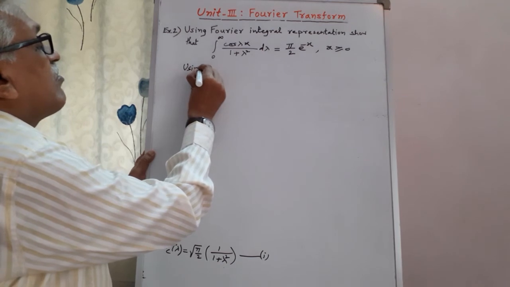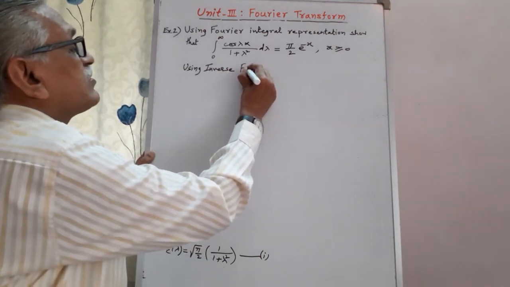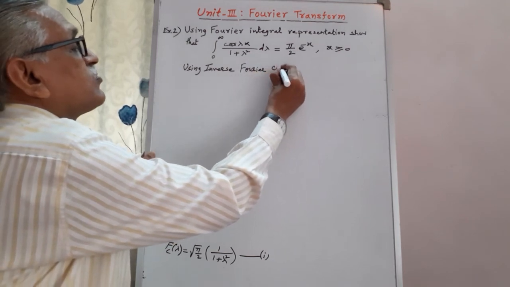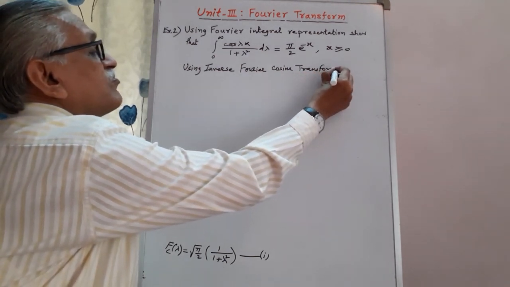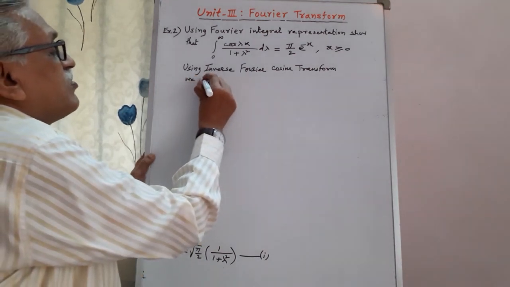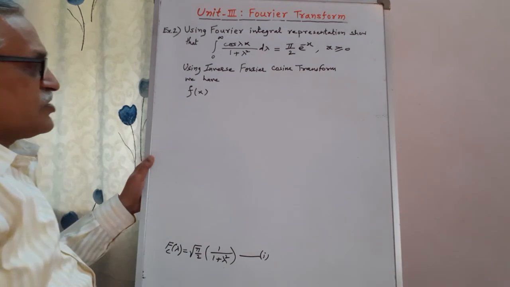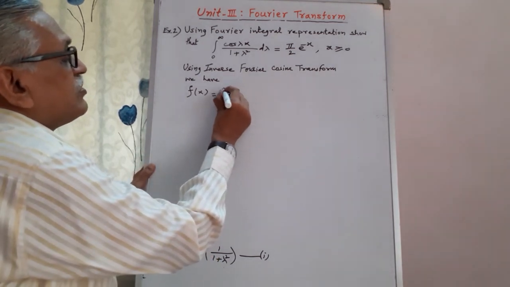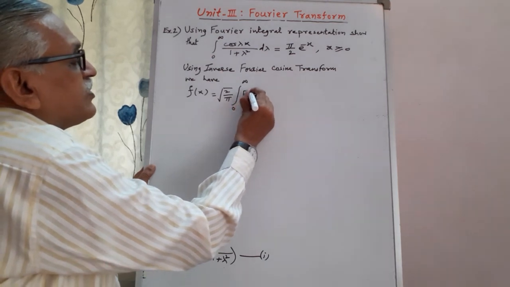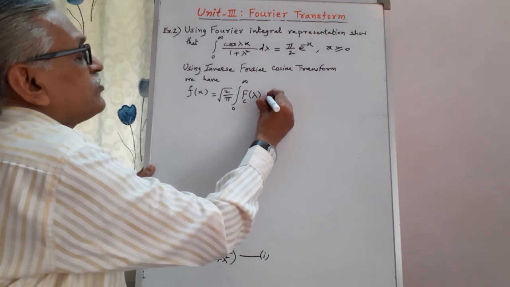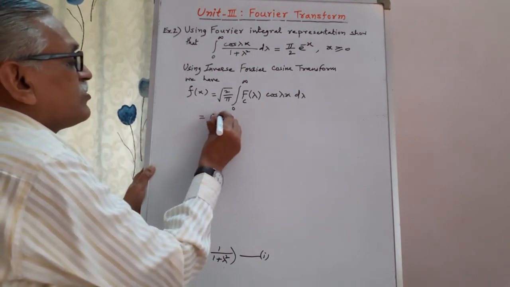Using the inverse Fourier cosine transform, fx is equal to root 2 by pi integration from 0 to infinity the value of the Fourier cosine transform fc lambda into cos of lambda x d lambda.